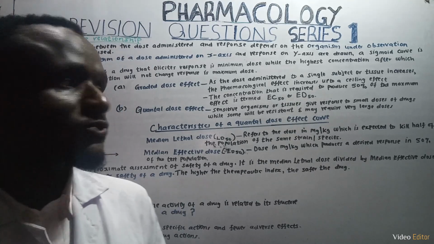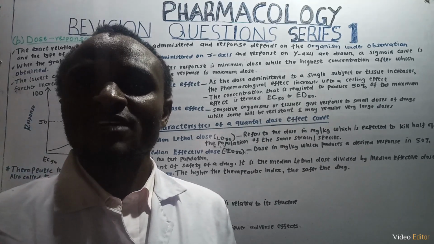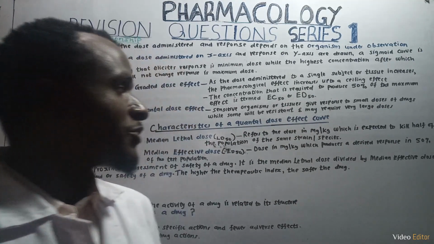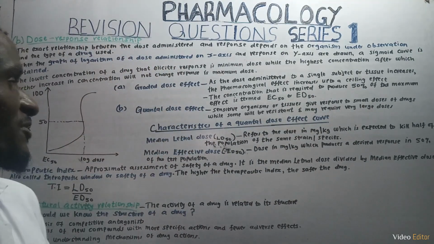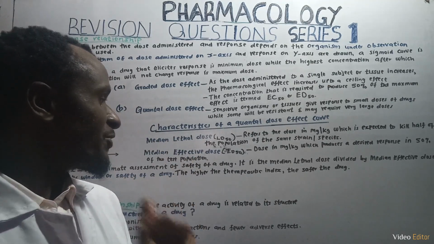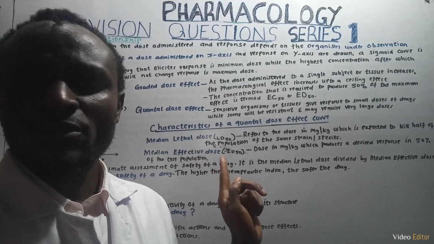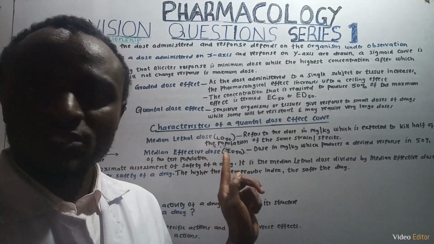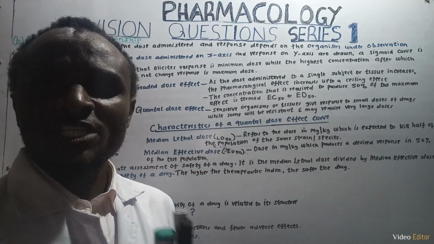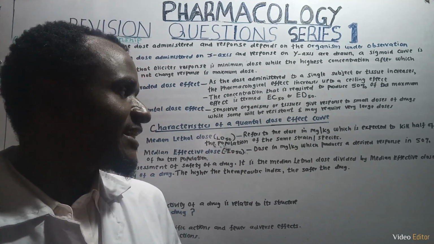So what are the characteristics of a control dose effect curve? We have median lethal dose and median effective dose. From the word lethal, median lethal dose refers to the dose in milligrams per kilogram that is required to kill half of the population of a given organism.